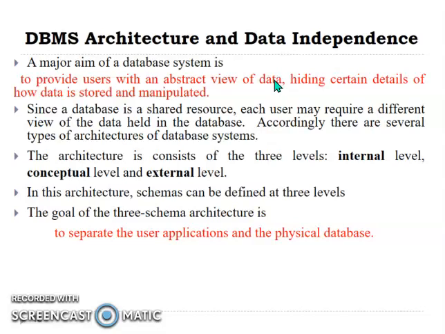That means if you have a lot of data stored in a database, rather than viewing all of it, you will view some important tables, some important rows of the table, and some abstract of the data. That means we are hiding certain details of how data is stored and how data is manipulated in a database system. This is the main aim of a database system.